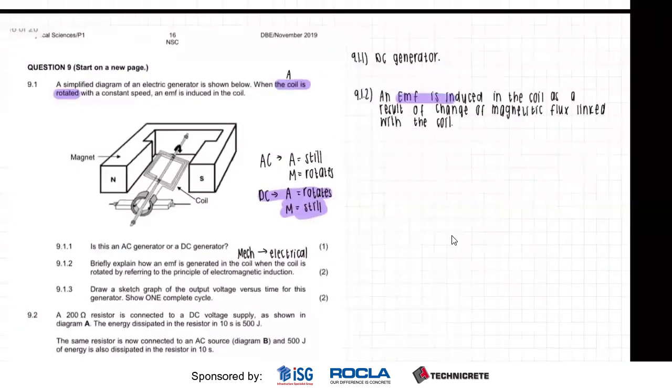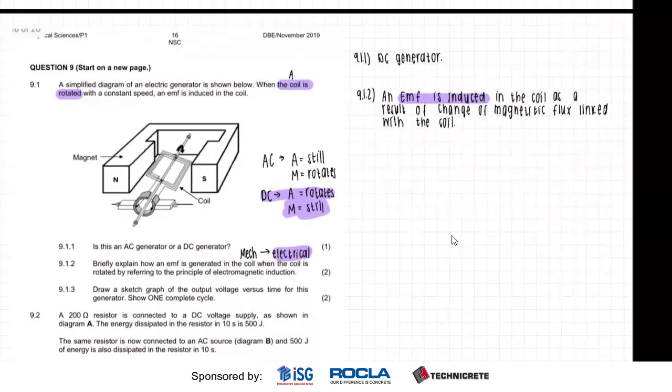We say EMF is induced, which is the electrical energy. How is it induced? The change of magnetic flux linked with the coil. Mechanical energy causes the change of the magnetic flux because we are physically moving the coil. That's our mechanical energy, us moving the coil.